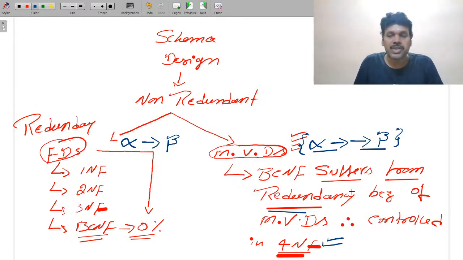The implementation of fourth normal form and fifth normal form is not at all realistic; they are theoretical approaches. The highest normal form we practically target is BCNF, and the best is third normal form. Hence, we need to learn how to remove multi-value dependencies, and also how a multi-value dependency causes or generates redundancy.